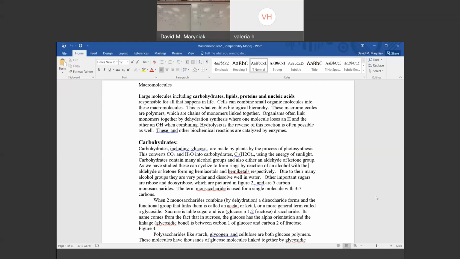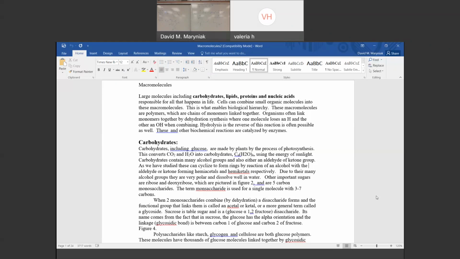They're a food source, an energy source. Who makes them? Plants. And of course, are they carbon based? And most of your carbohydrates are derived from sugars.